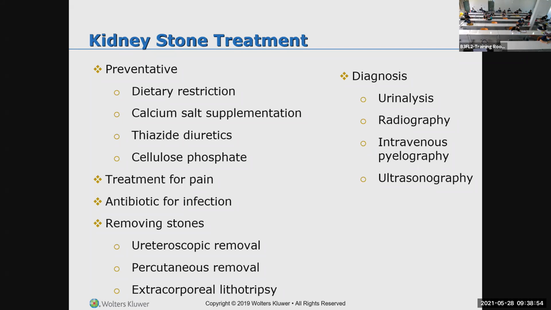But we need to be careful about those pain medications. The most common is ibuprofen. Ibuprofen, or Advil, has a nephrotoxic effect. Everybody clear with that one?